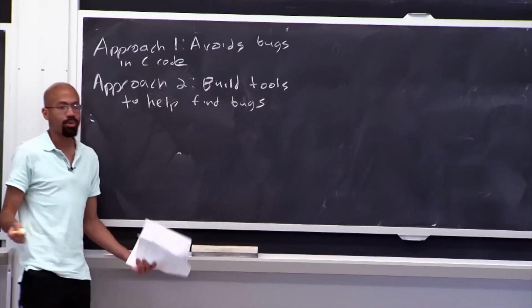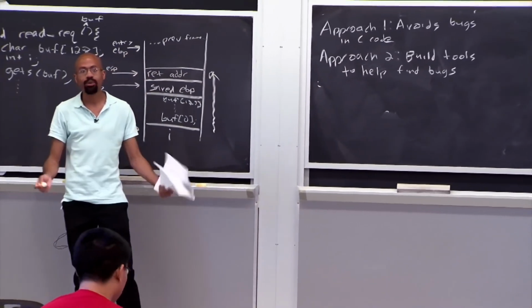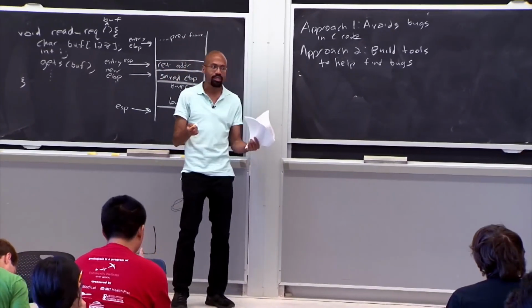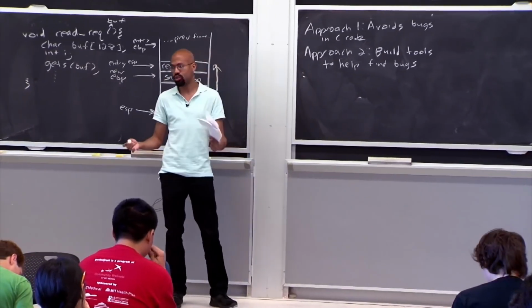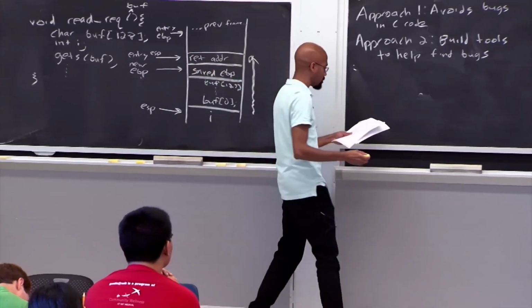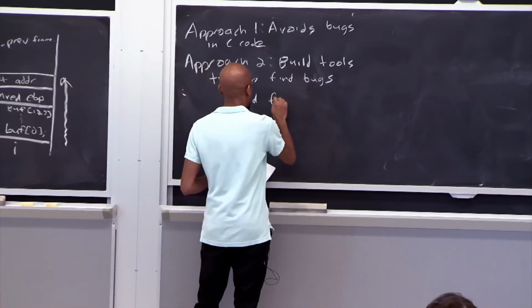An example of this is something called static analysis. We'll talk a little more about static analysis in later lectures, but suffice it to say that static analysis is a way of analyzing the source code of your program before it even runs and looking for potential problems.